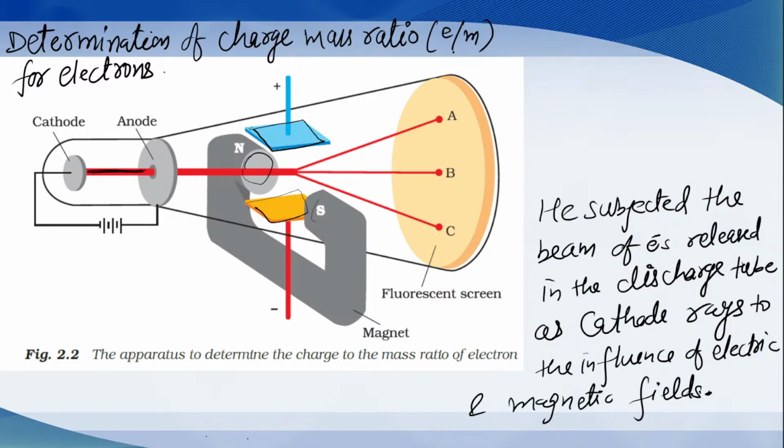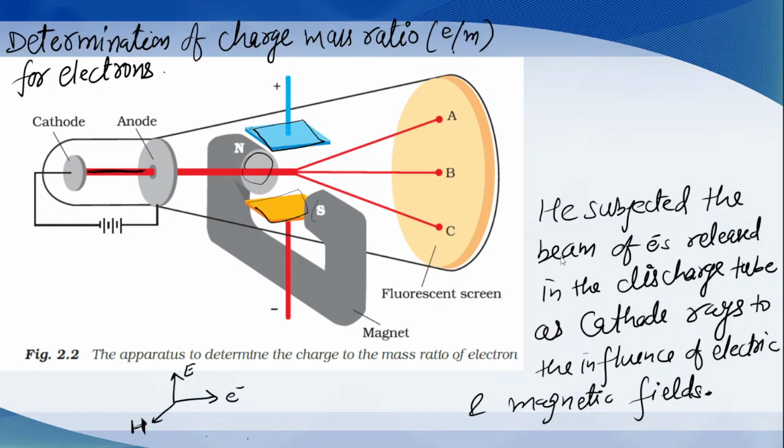Means if path of electron is this one, then electric and magnetic field, they are perpendicular to each other as well as to the path followed by the electron.